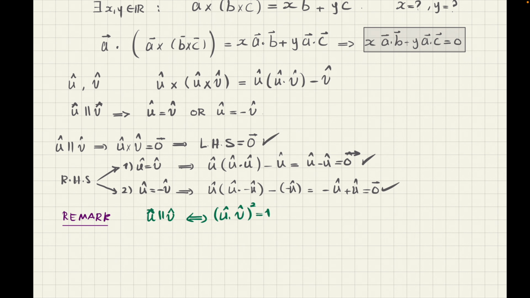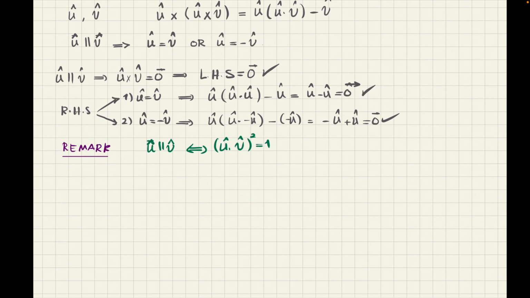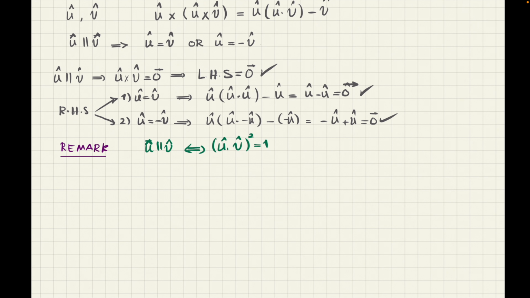Okay, and now we consider the case for which u is not parallel to v. In other words, u dot v squared is not equal to 1. So what happens in this case? We want to see what happens when u is not parallel to v.